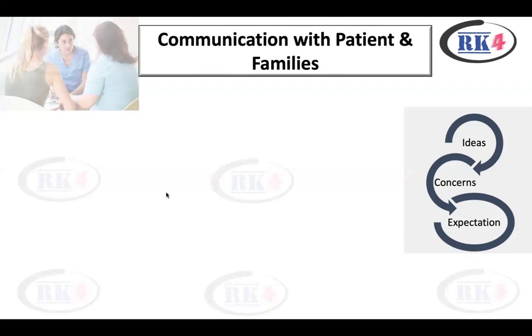And what is her main concern? She may be having heavy menstrual bleeding and subfertility, so you need to ask what the main concern is. Does she want treatment for endometriosis, or for her pain, or for subfertility? And then expectation: what does she expect from this consultation?